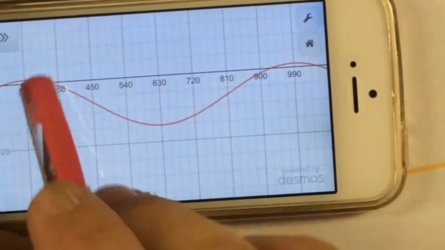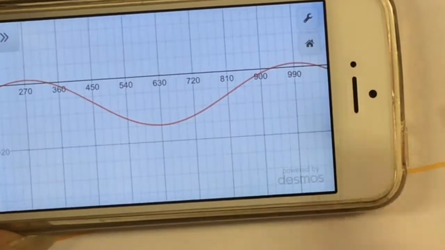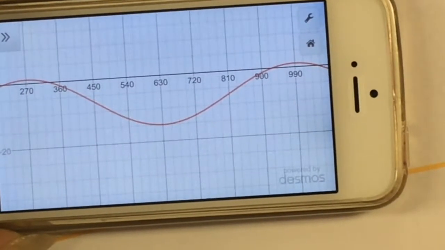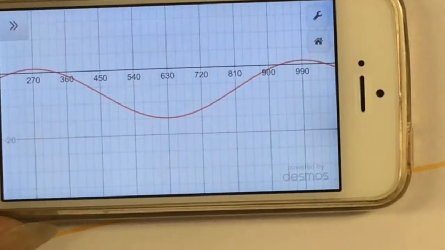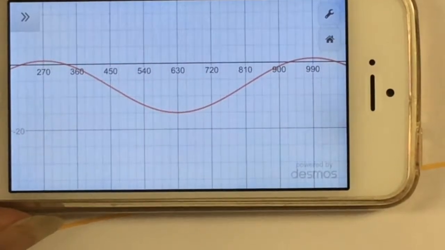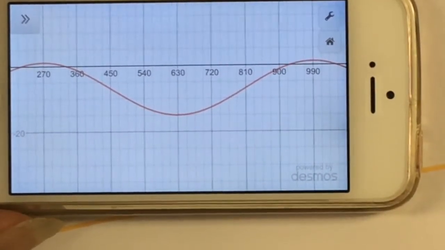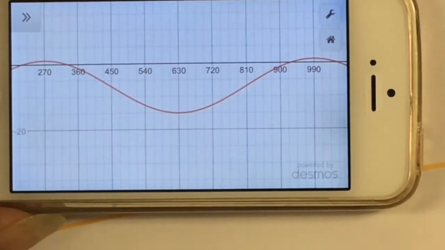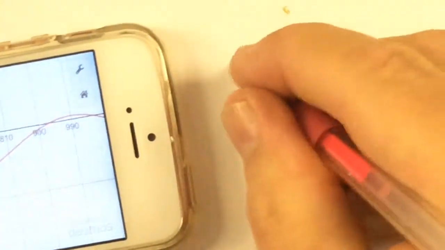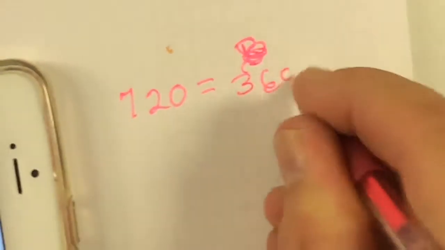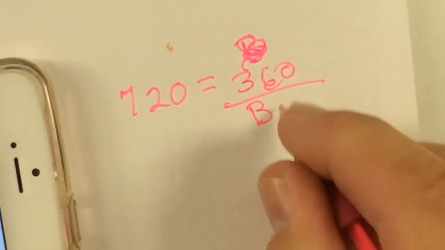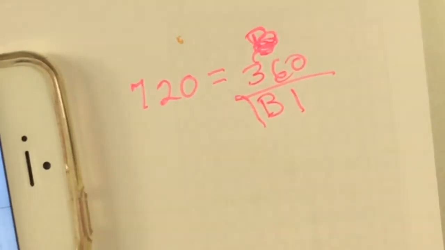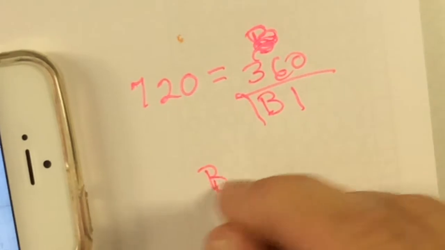The distance from the top point here to the top point here is how much? 720. Okay, so that's our period. The period is 720. And if the period is 720, then 720 is equal to 360 over the absolute value of b, and we just did that, right? So that means b is equal to 1/2, right?